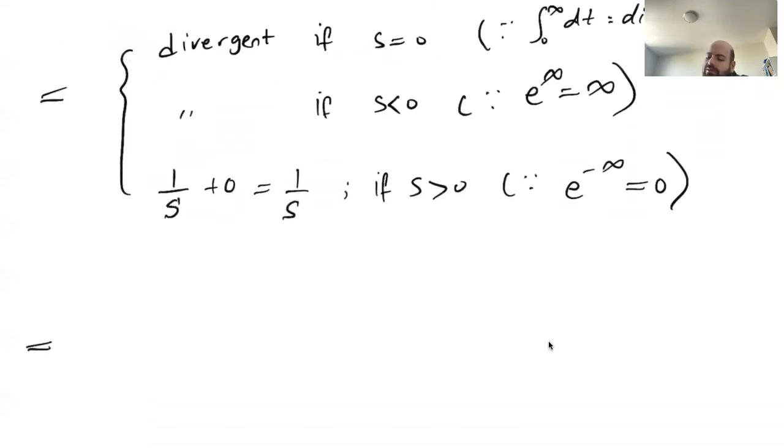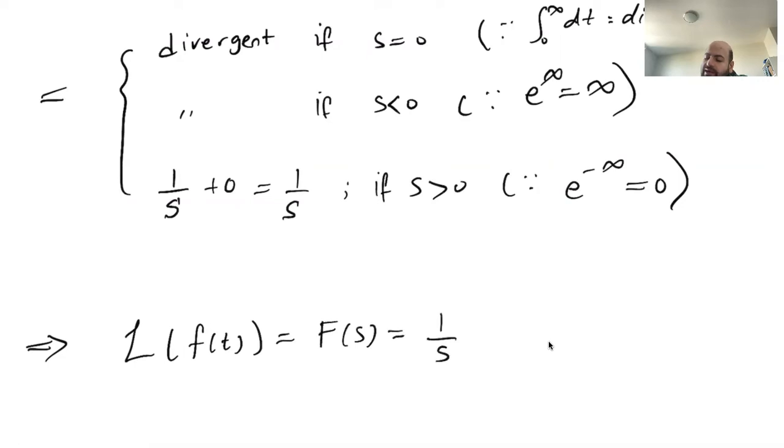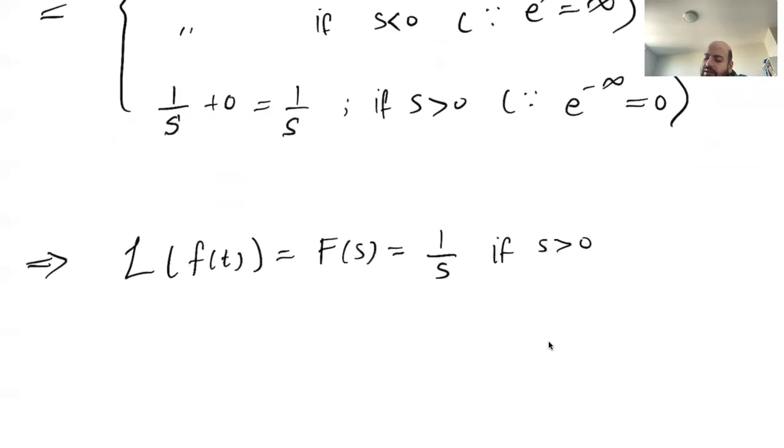So what does that mean? We can say that the Laplace transform of f of t, which we defined as capital F of s, is equal to 1 over s if s is positive, and is undefined if s is less than or equal to 0.